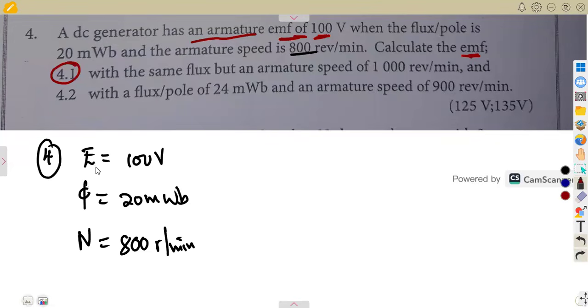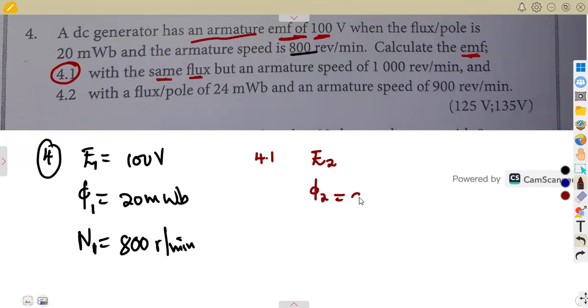It is because of the question that we are having that tells us. So these are the initial conditions, where we are going to present this as E1, flux 1, N1. But later on, the question is we are supposed to calculate E2 with the same flux, meaning the flux has not changed.